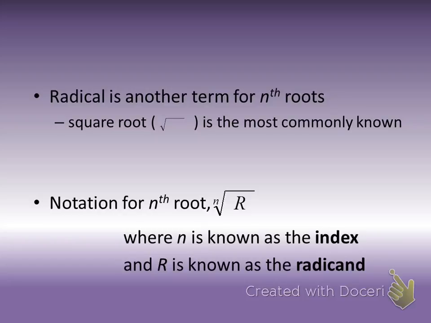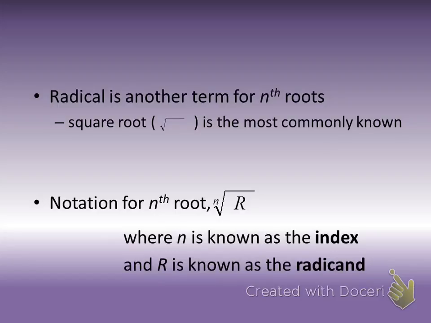If you don't understand the concept of your index and the differences between different indices, the whole entire foundation of this chapter goes kaboom. An index tells you what type of root you are taking, whether it be square, cube, fourth, fifth, what have you. It's the most important number.